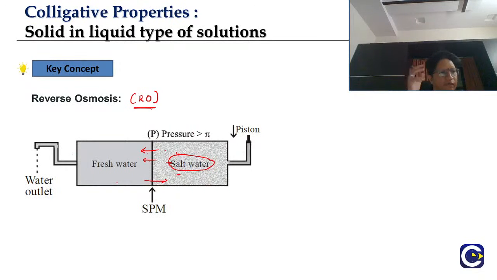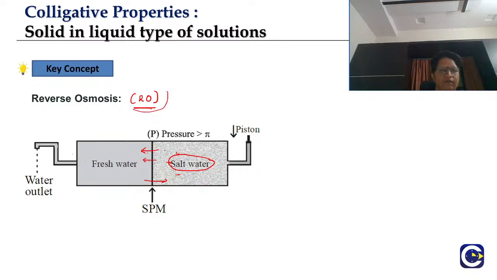At home we use what is called reverse osmosis. In normal osmosis, water moves from a diluted solution to a concentrated solution. In reverse osmosis, we apply a pressure such that water moves from a high concentrated solution to a less concentrated solution.